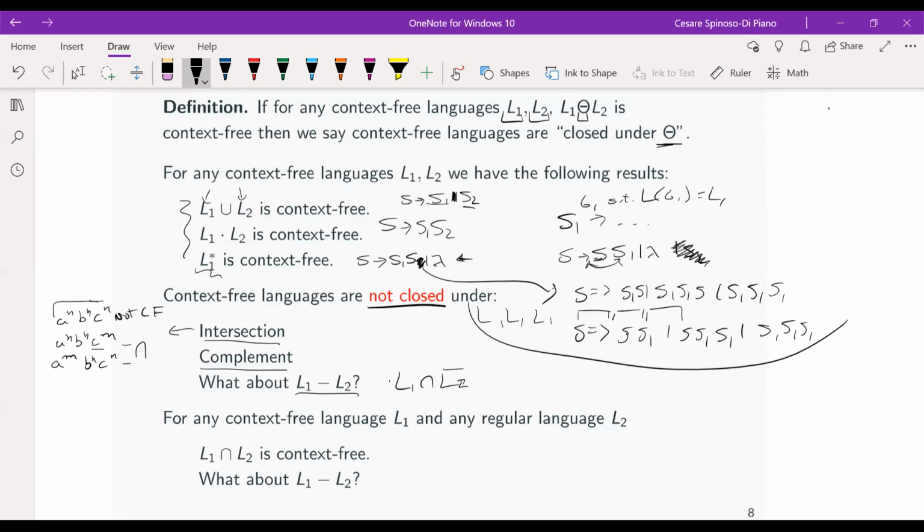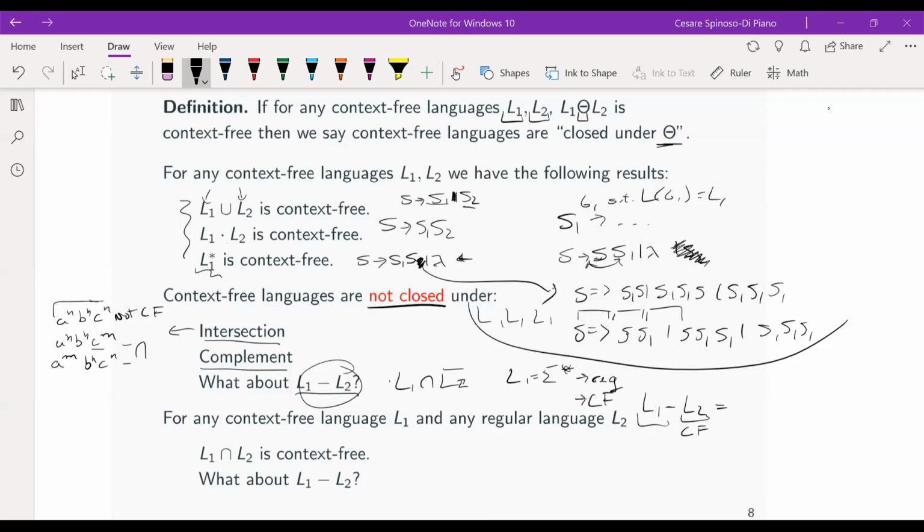I'm just going to give you a quick contradiction. Let's say L1 was sigma star. Sigma star is regular, and if it's regular, that means it's context-free. Now suppose that context-free languages were closed under difference. Let L2 be context-free, and L1 is also context-free because it's regular.